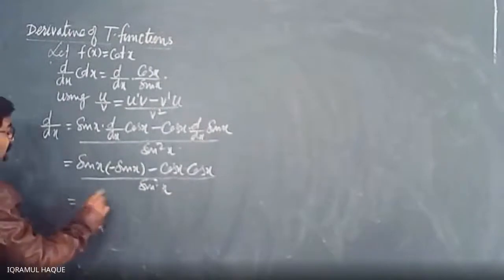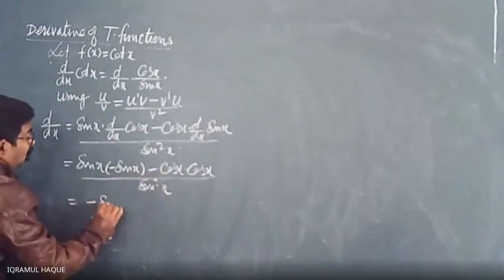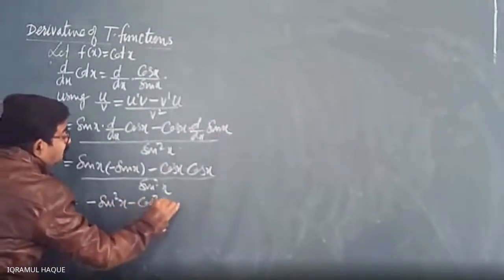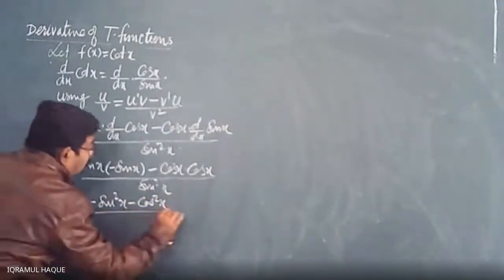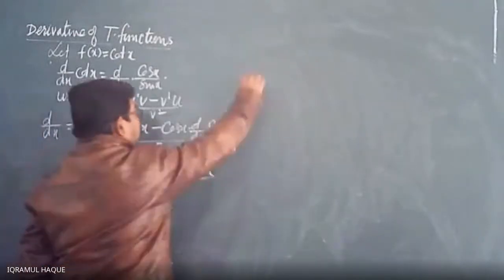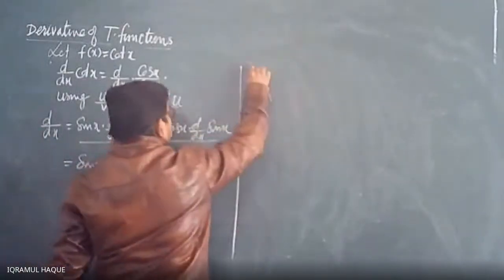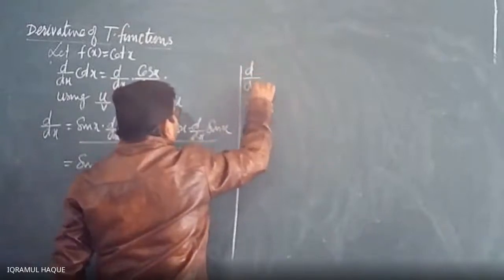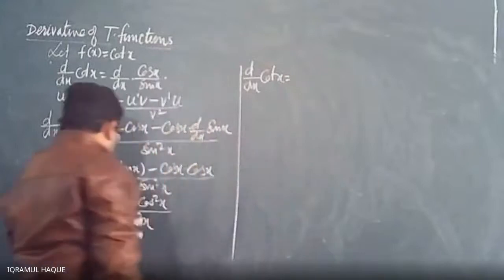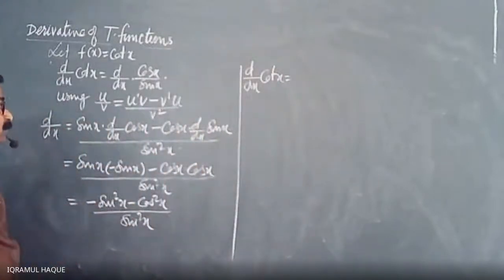So here we have minus sin square x minus cos square x upon sin square x. See, d of dx of cot x is equal to minus sign is common here.